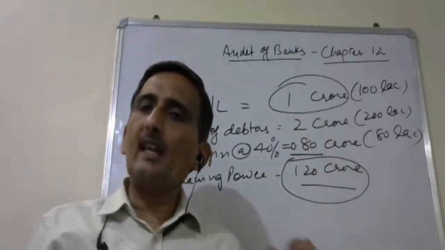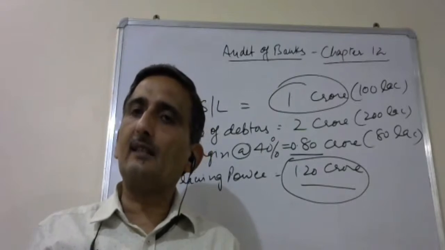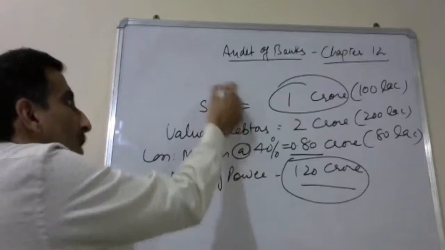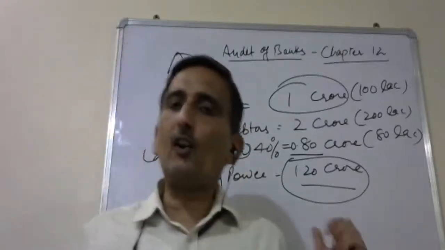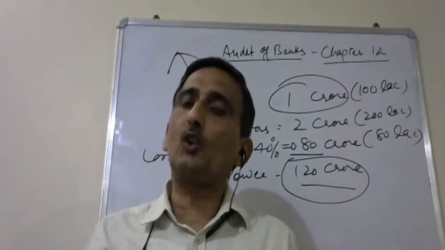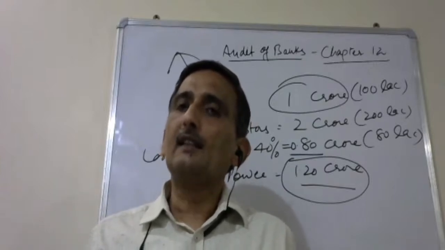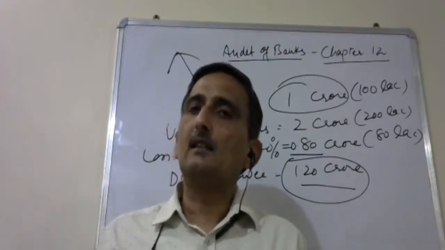So although he has drawing power which is more than the sanction limit, he cannot withdraw money beyond it. He can withdraw only to the extent the limit has been sanctioned to him, even though the drawing power is more. The rest would be his own margin; he has to put in his own money.